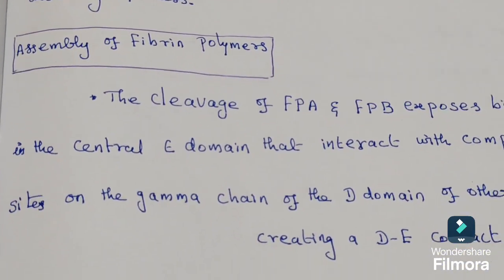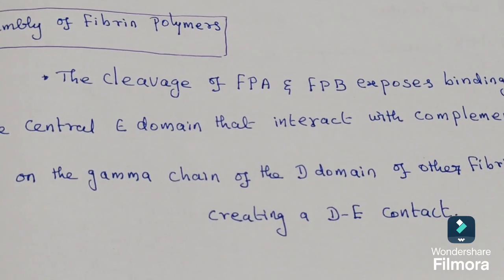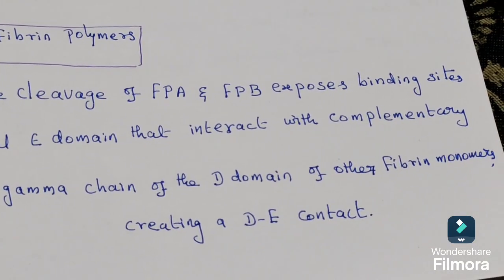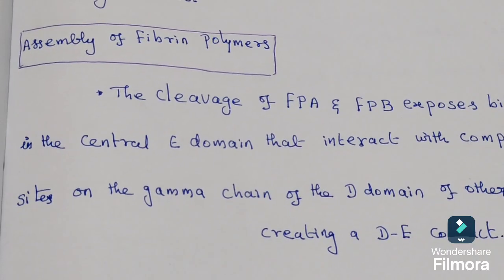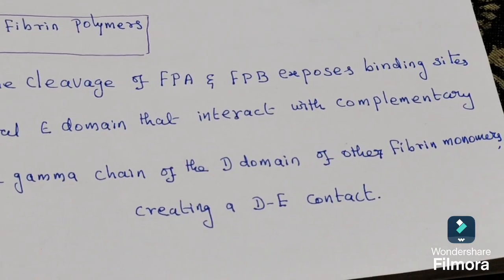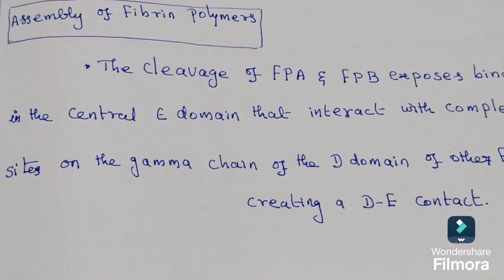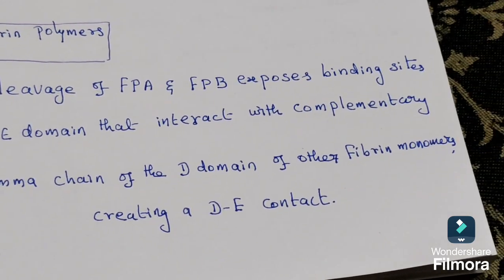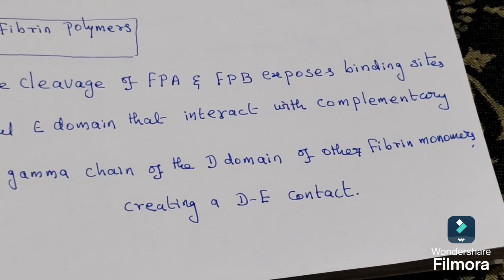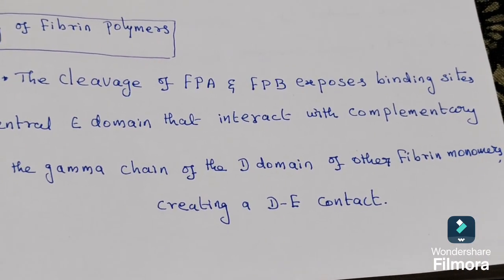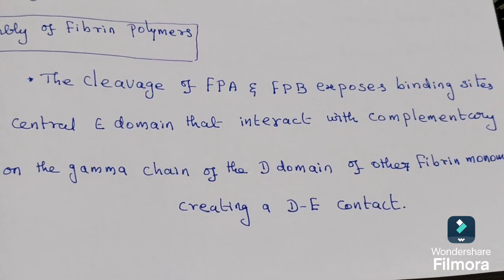Assembly of fibrin polymer. The cleavage of FPA and FPB exposes binding sites in the central E domain that interact with the complementary site on the gamma chain of the D domain of other fibrin monomers, creating DE contact.